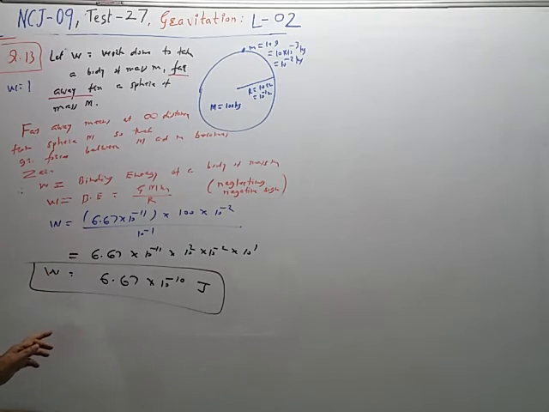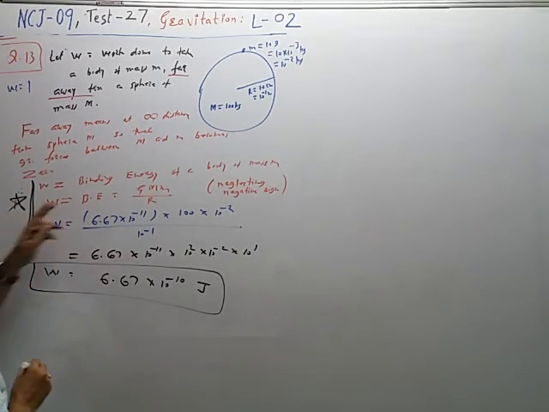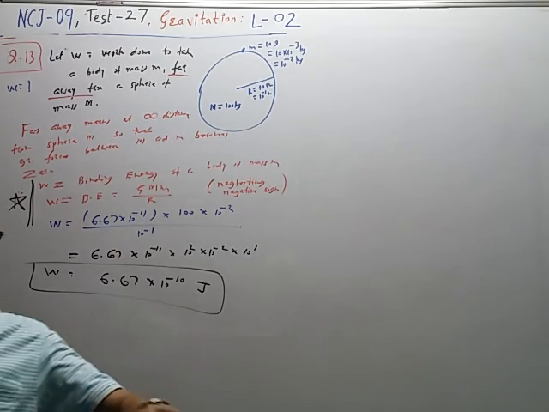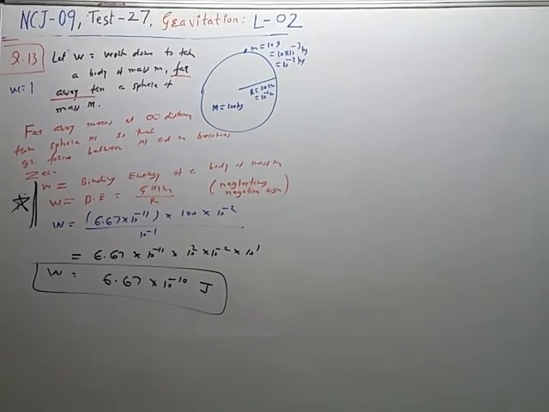So this work done is nothing but the binding energy. So this part is important. Work done is the binding energy of the body of mass m, to take the body from the surface of the sphere to a very large distance where the gravitational force becomes zero, therefore it is infinity.